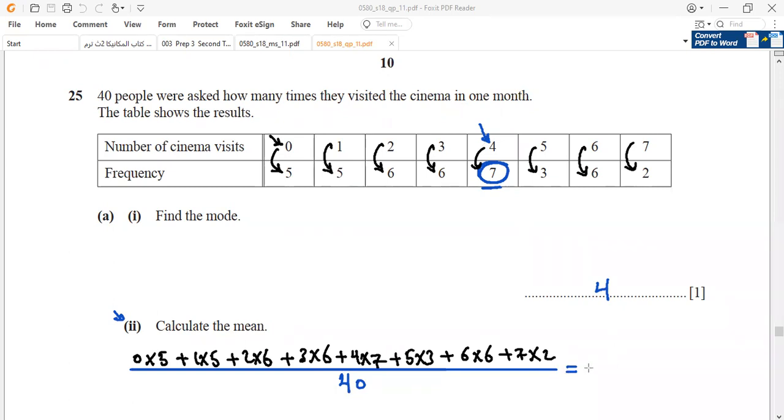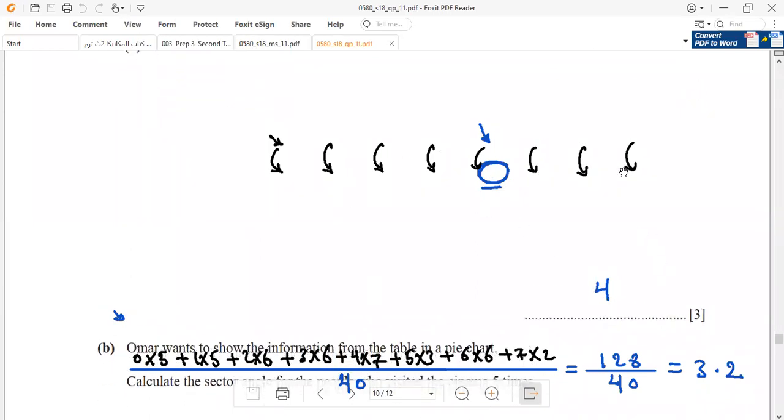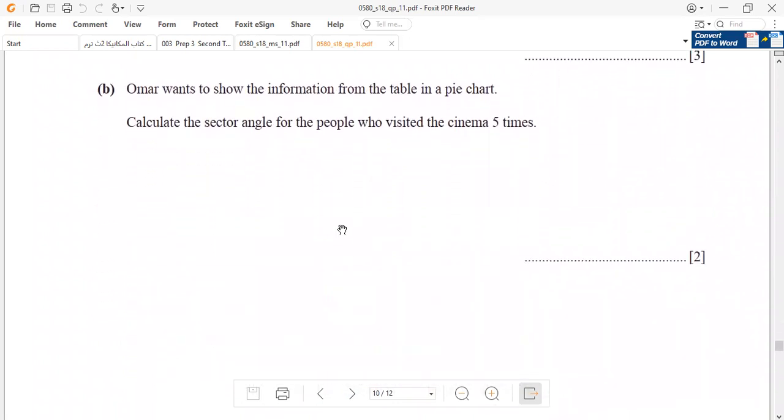Using the calculator, the sum of these numbers in the numerator will be 128, and we divide it by 40. 128 divided by 40 equals 3.2. So the value of the mean is 3.2. The mean here was 3 marks.